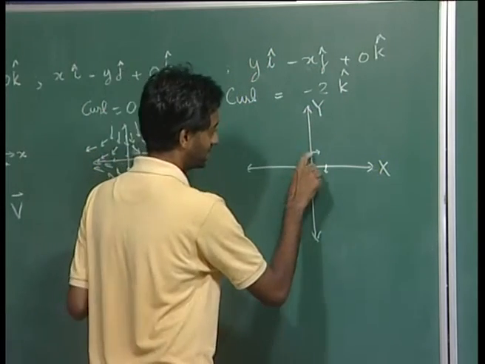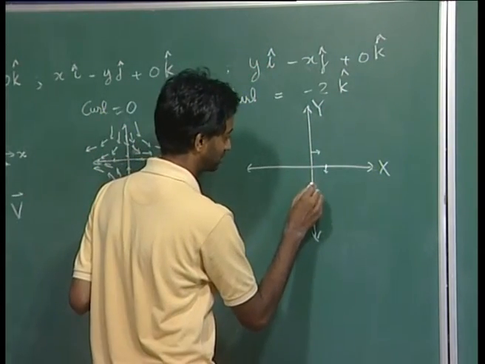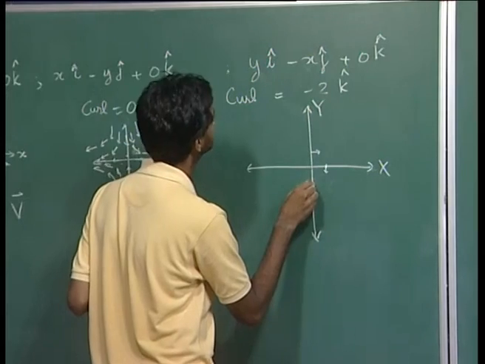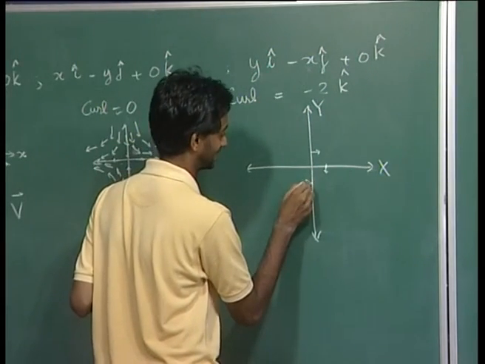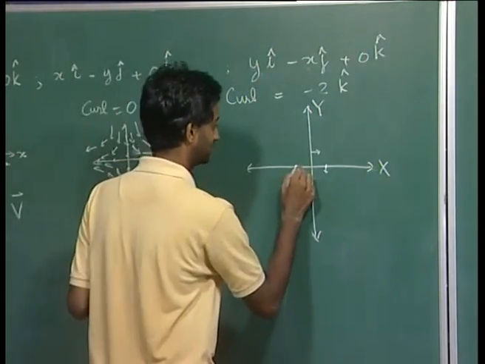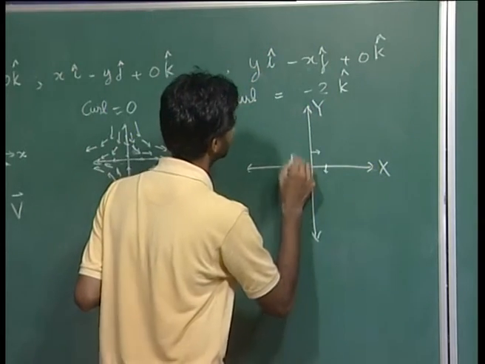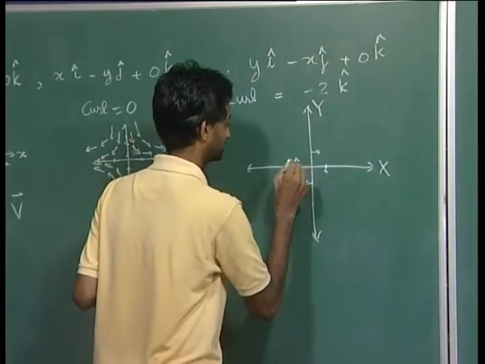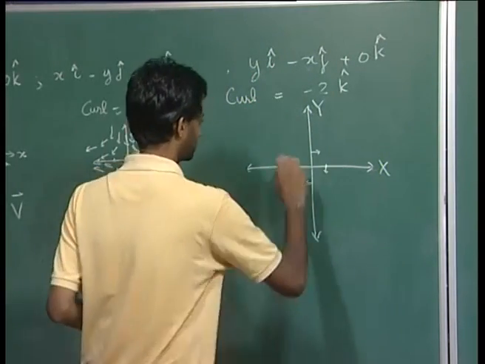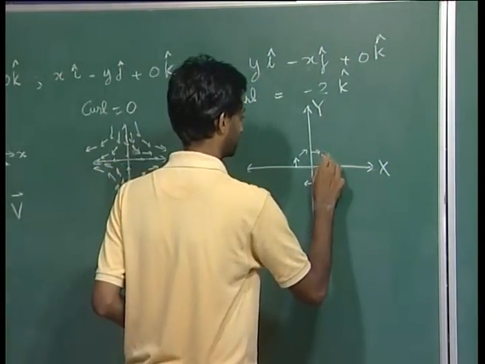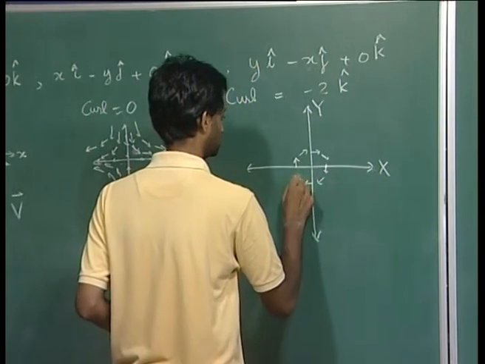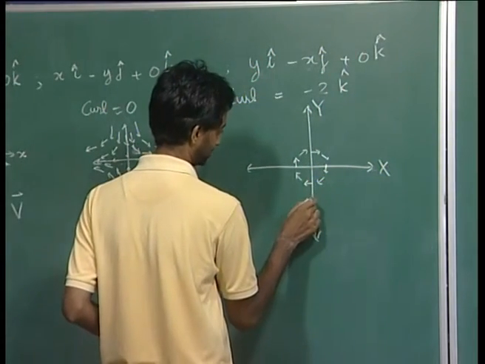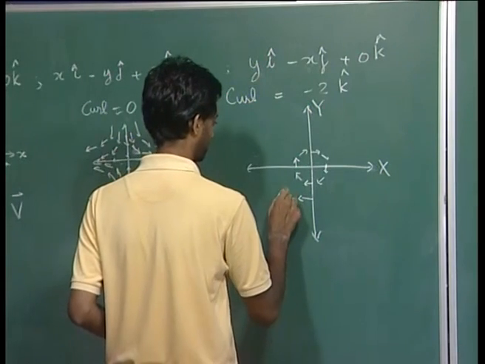When x equal to 0, y equal to minus 1, it points along minus i. And similarly, when x equal to minus 1, y equal to 0, it points along plus j. And you can show in between that it will form a circulating pattern, and the vectors will just get longer as you go higher up.